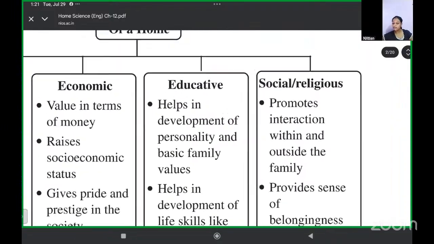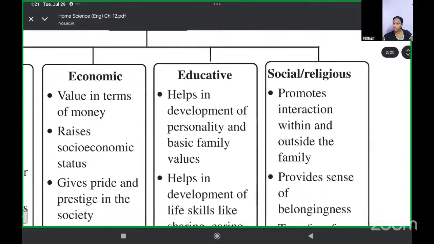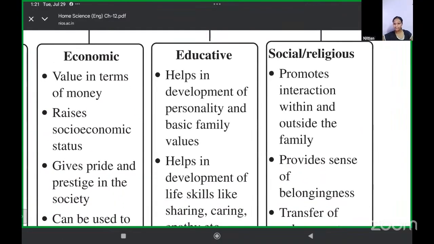Then there are the social or religious functions of a home. It promotes interaction within and outside the family. Interaction means speaking, listening, talking. Interaction makes us better at socialization. If we interact, we will be able to socialize well, and that introvert thing will get a little better if we interact, socialize, meet people, meet the family.